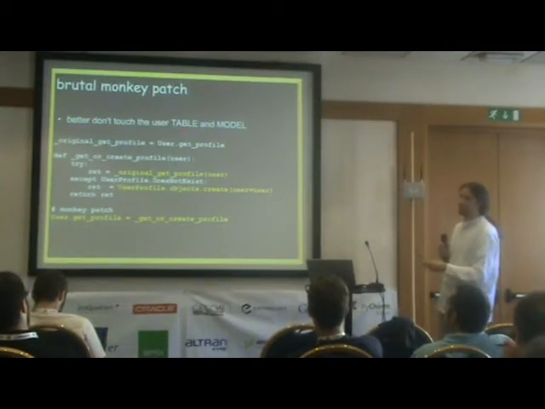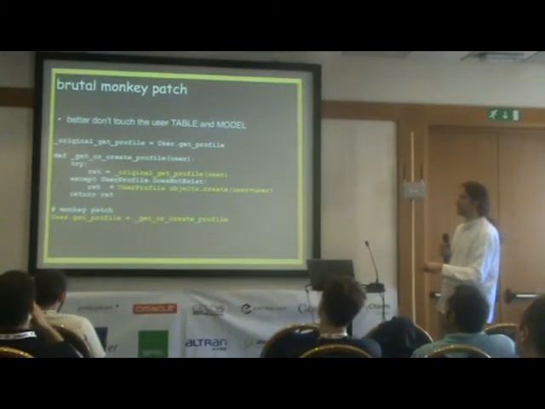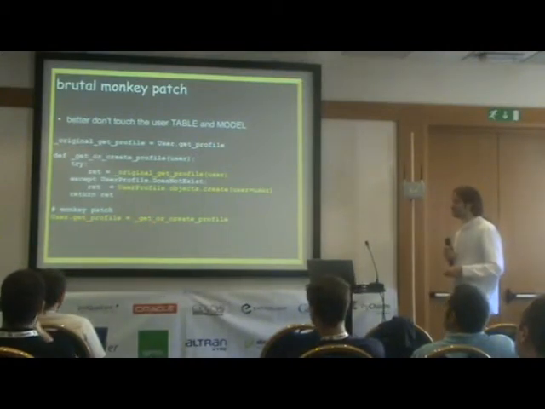We don't touch the user table, we just say that get_profile creates the user profile if it doesn't exist. This is the monkey patch, where you directly change the method of one class.